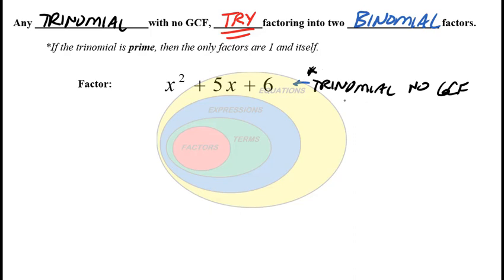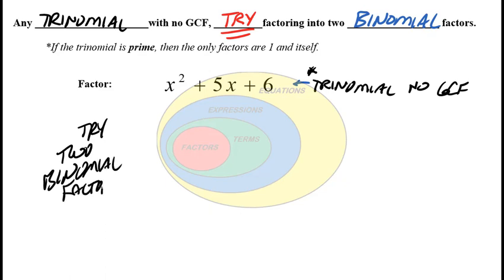So what we're going to do is try to look for two binomial factors. So the first thing we're going to do is figure out that, all right, if it does factor, it's going to factor to two binomial factors. So what are the binomial factors?